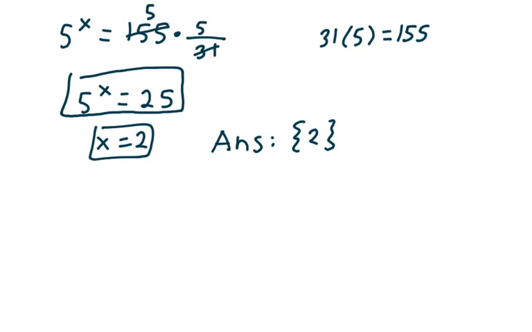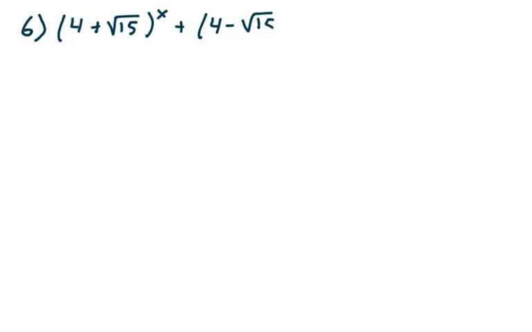Now, we won't do the whole problem for example 6, but I want to show you how to attack a problem like this. Suppose I had 4 plus square root of 15 to the x plus 4 minus square root of 15 to the x.